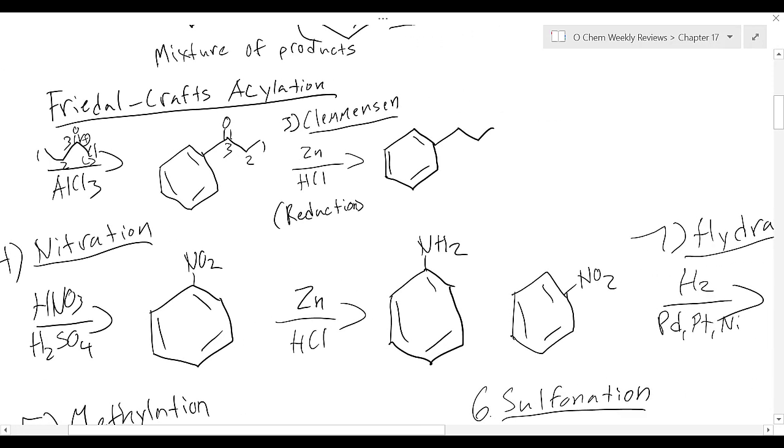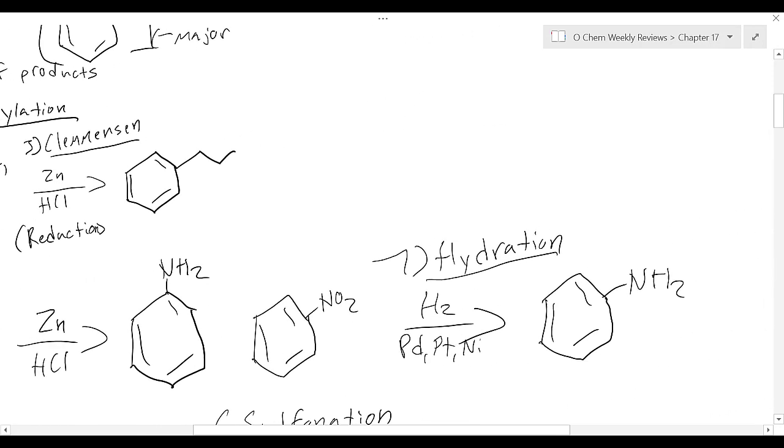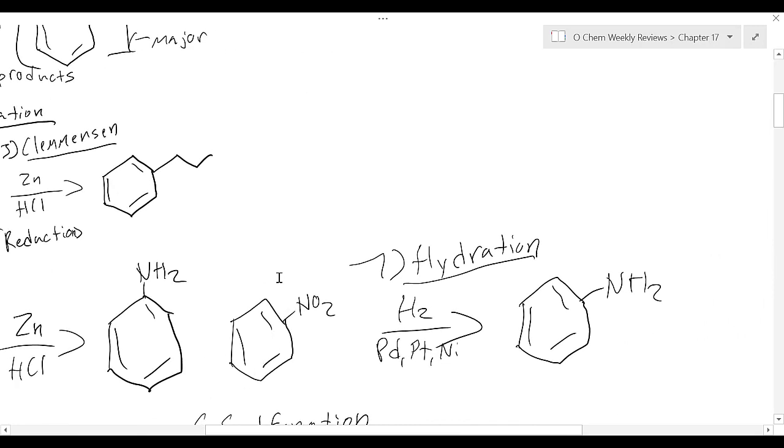Now, we're going to skip ahead a little bit, and I'll show you a different way to reduce NO2 to NH2. It's called hydrogenation, and you guys have seen this before. Use H2, and then you can use any of the 3: Pd, Pt, or nickel.